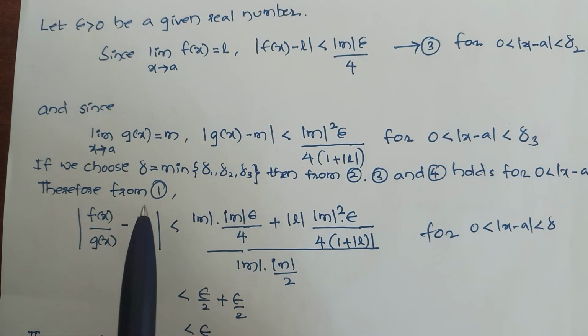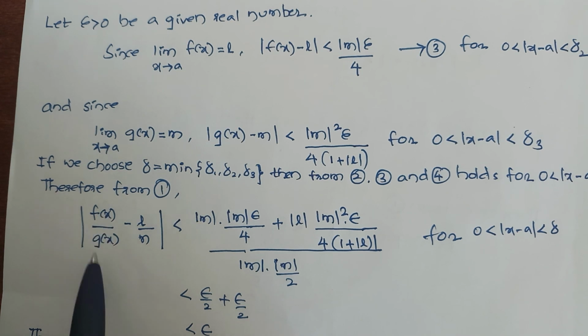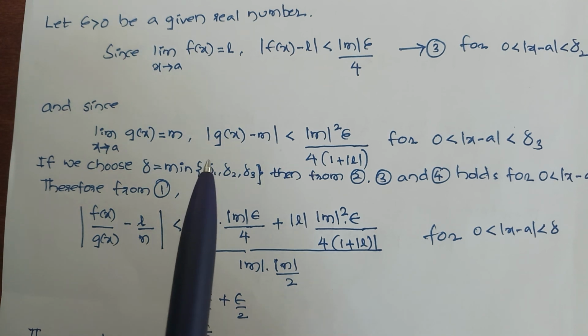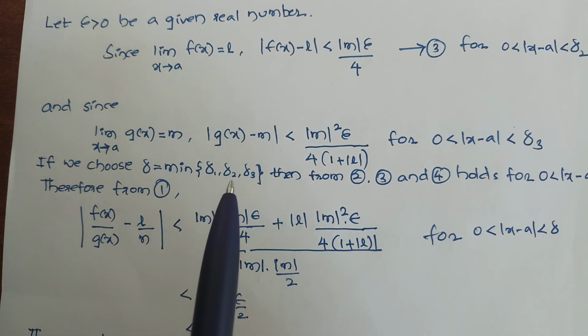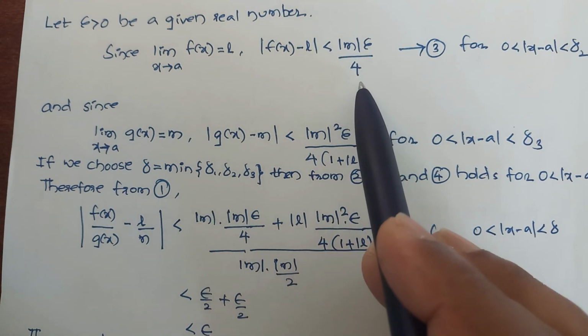So therefore substitute all these values from equations 2, 3, 4 in equation 1, then you get modulus of f of x divided by g of x minus L divided by m is, first, modulus of m into modulus of f of x minus L in equation number 1. So modulus of m as it is, and you know that modulus of f of x minus L is modulus of m into epsilon divided by 4.